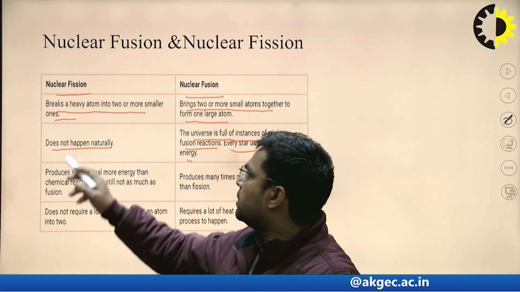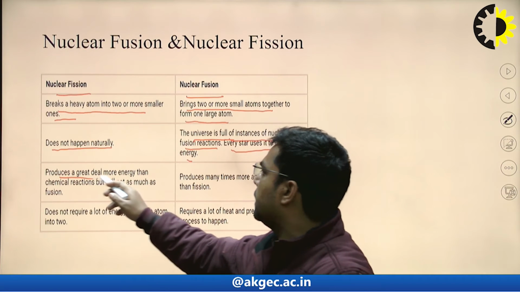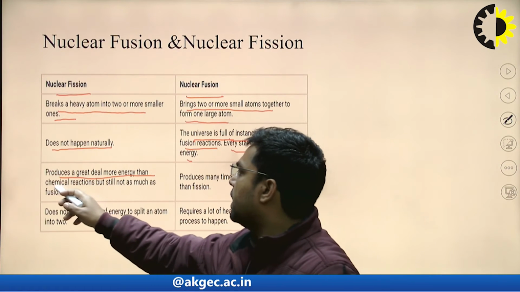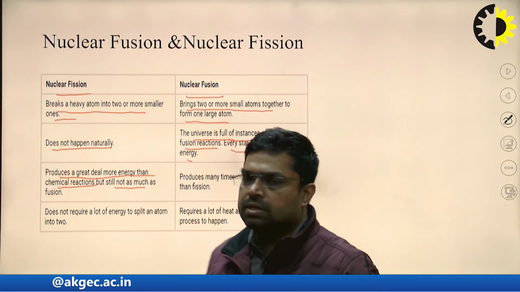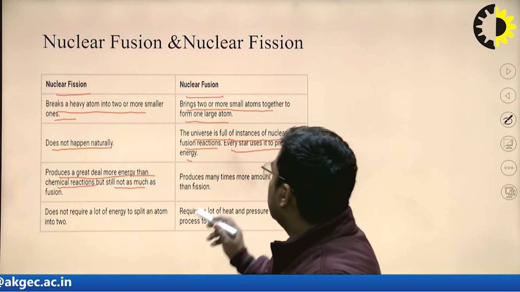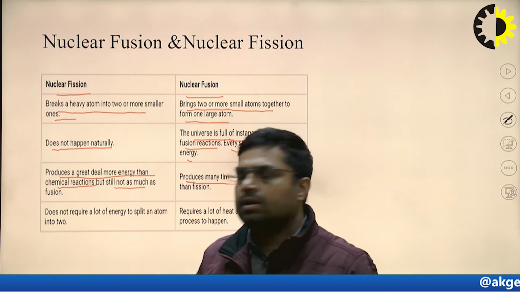Another difference between nuclear fission and fusion is that fission produces a great deal more energy than a chemical reaction, but it is still not as much as fusion. Nuclear fusion produces many times more energy than fission.